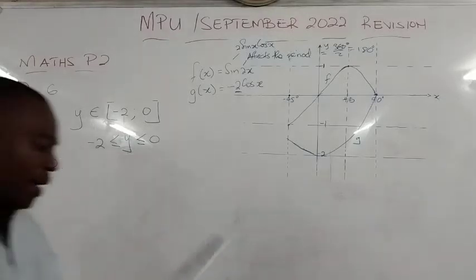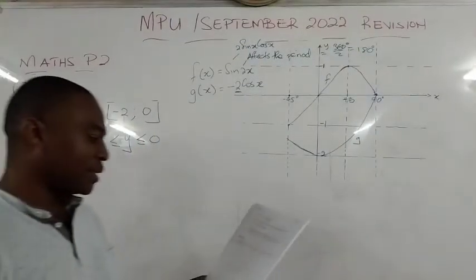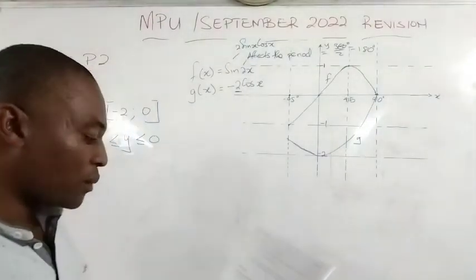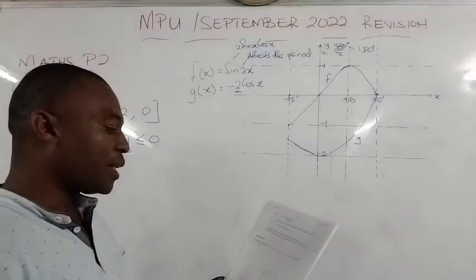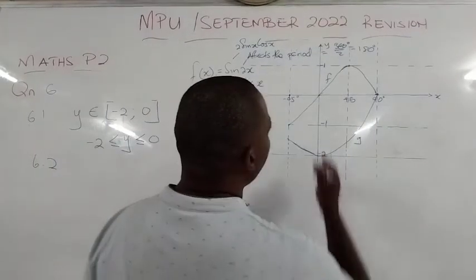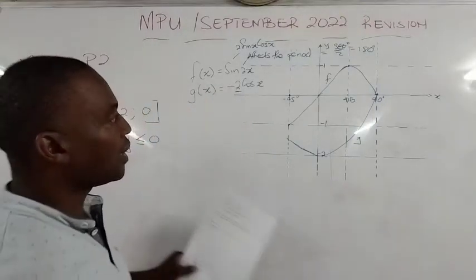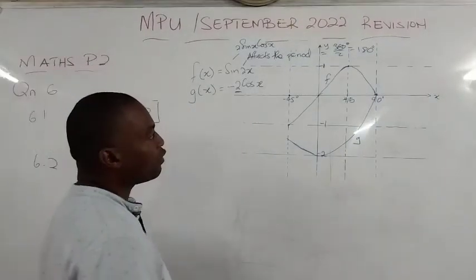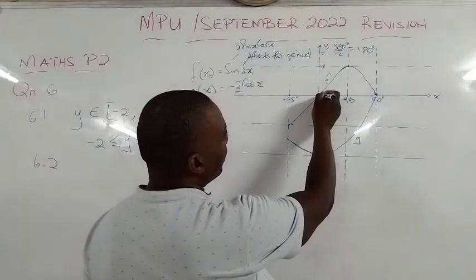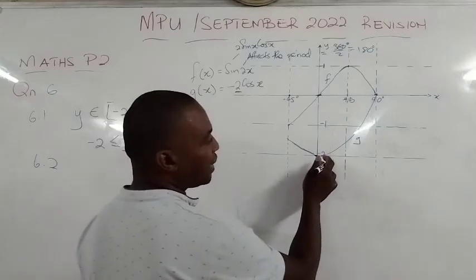Write down one value of x for which f of x minus g of x is equal to 2 in the interval negative 45 to 90 degrees inclusive. F of x, that means we are looking at the y values. So we just need to inspect our graph. You can see that f of x is 0 and g of x is negative 2.